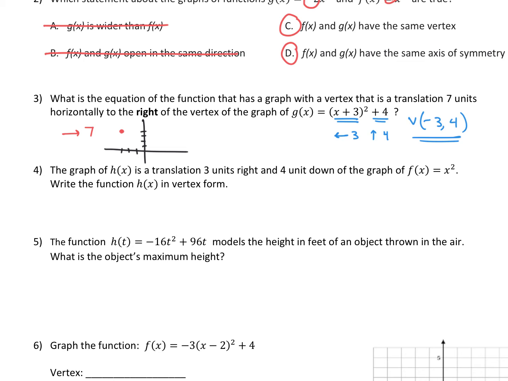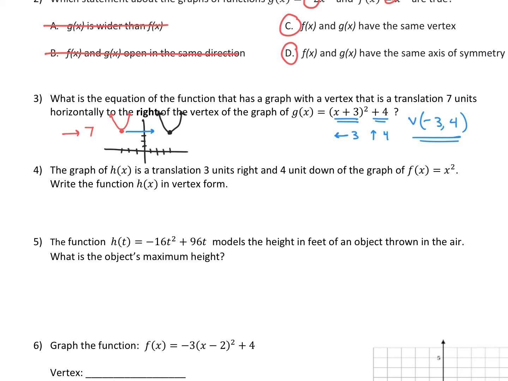It has a positive a value, so it's opening up like this. We're going to take this vertex and move it 7 units to the right. So if we go 7 units to the right, we go 1, 2, 3 and hit the y-axis. And so we have to go 1, 2, 3, 4 more. And that's where the new vertex will be.